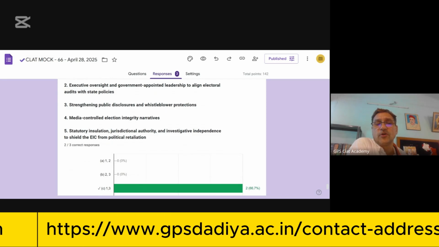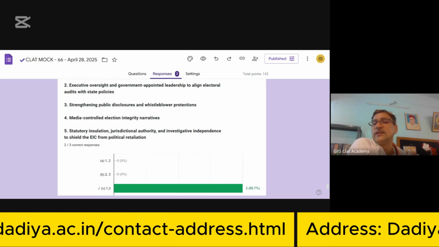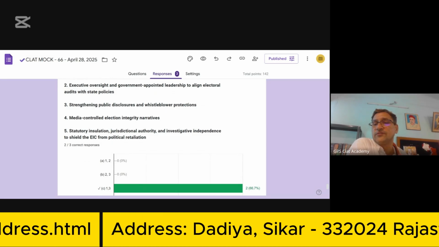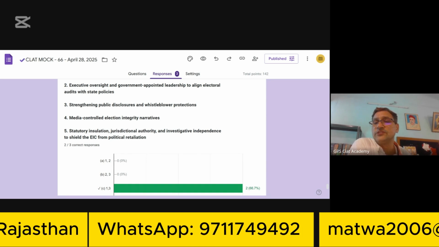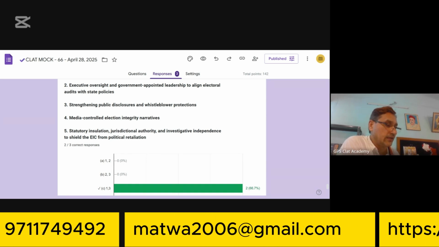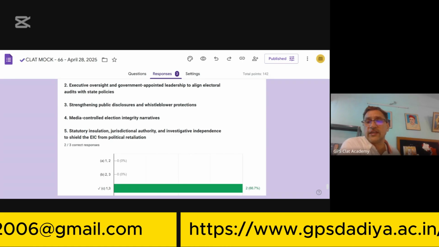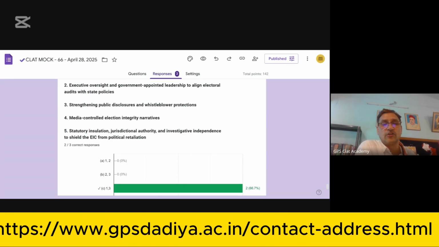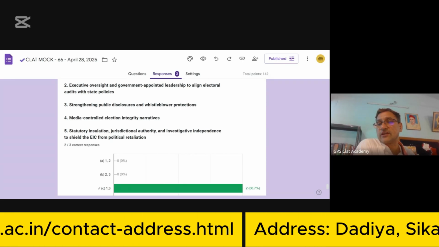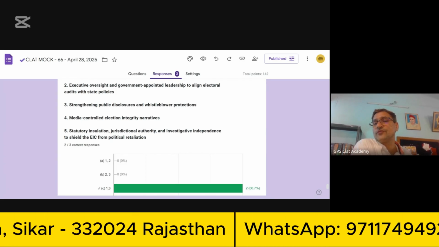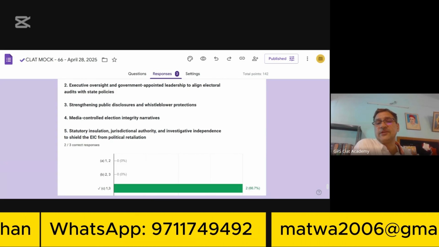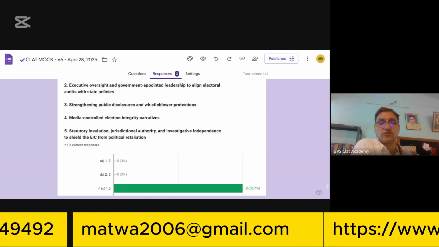So whistleblower provisions will definitely strengthen the democratic framework, and make it easy for the Electoral Integrity Commission to carry out its tasks. Media controlled election integrity narratives. Never. Media narratives may be highly supportive of certain political alignments, so that will not be proper.